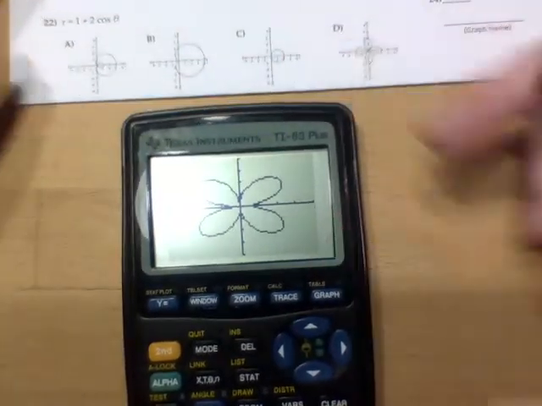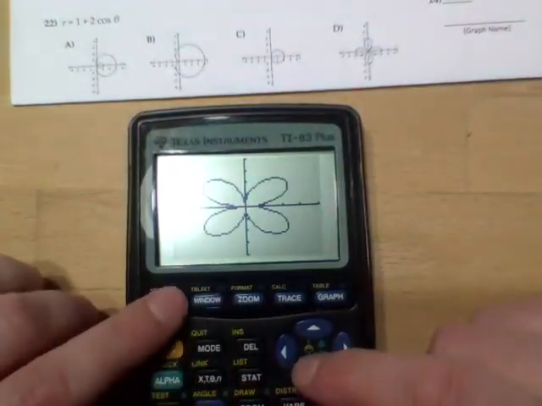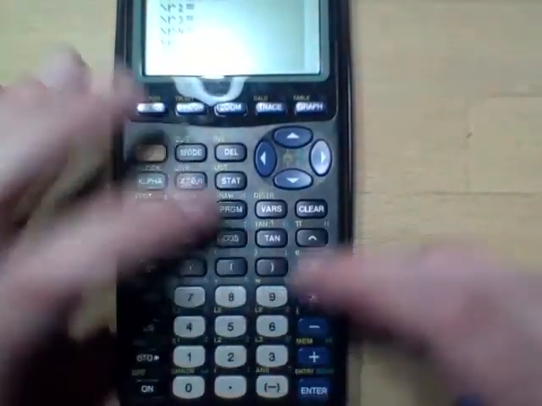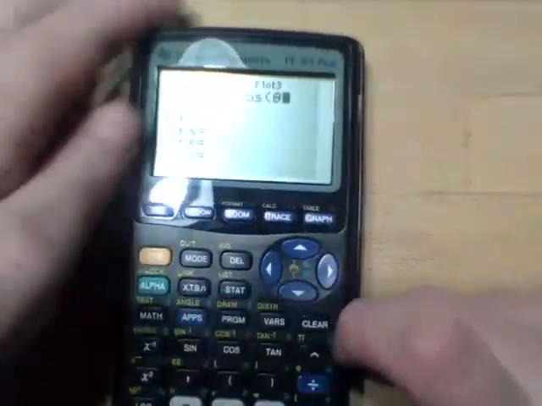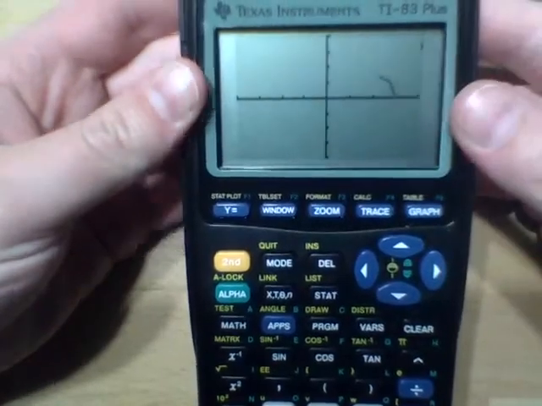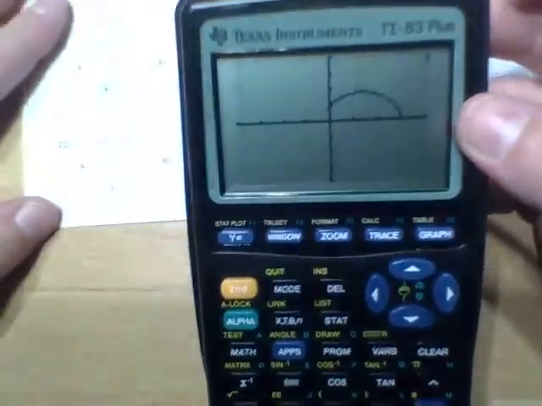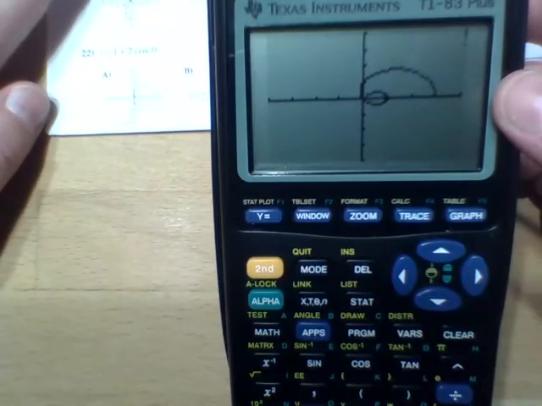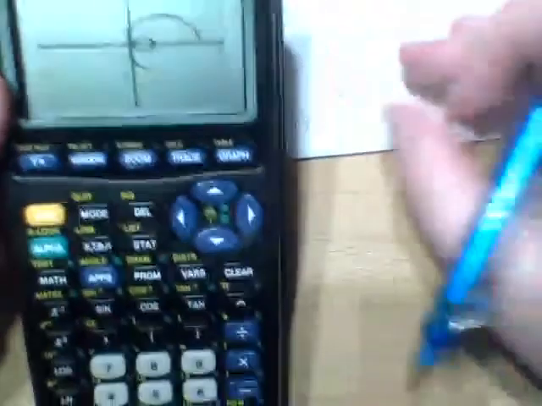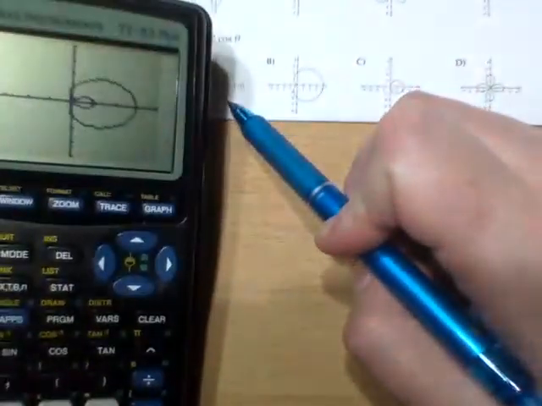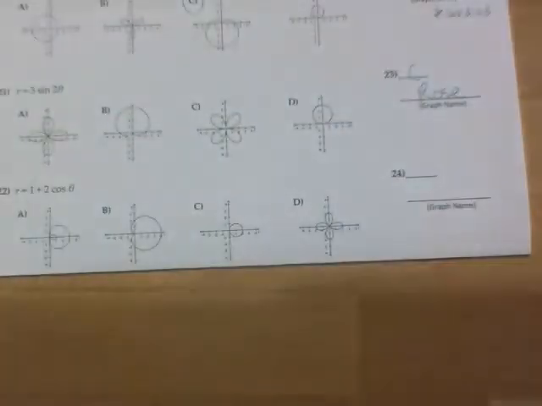And then our last one, putting in 1 plus 2 cosine of theta, gives us an image of a very convex, this guy here, most convex limaçon.